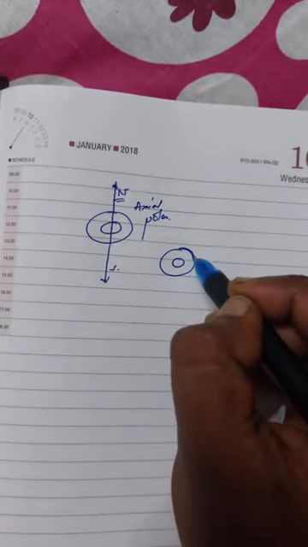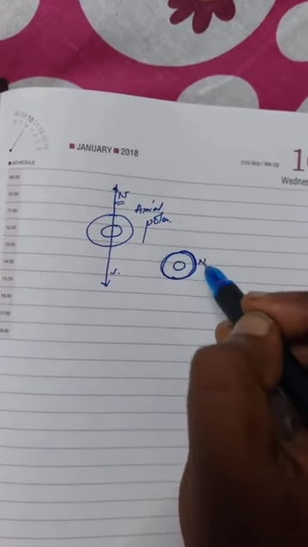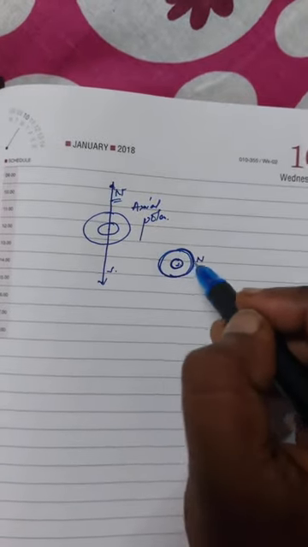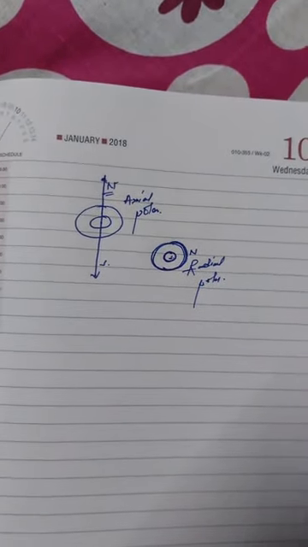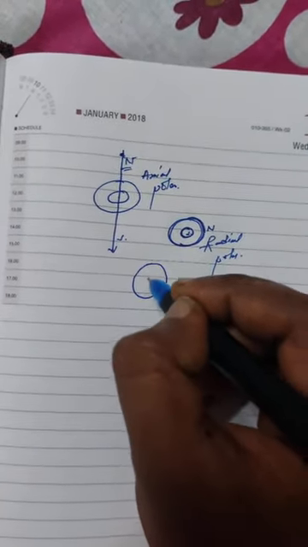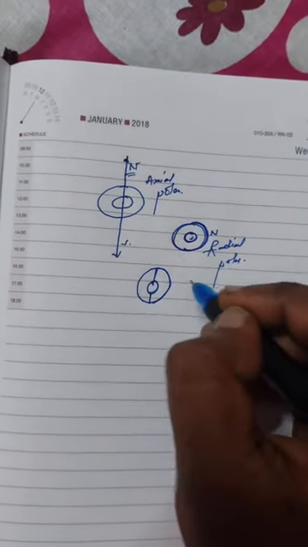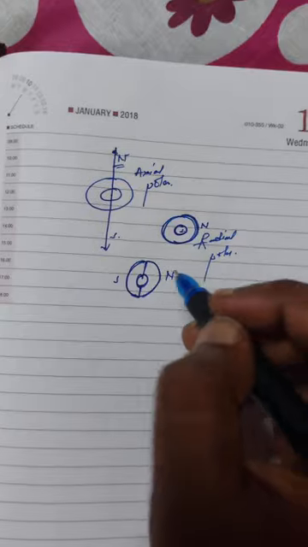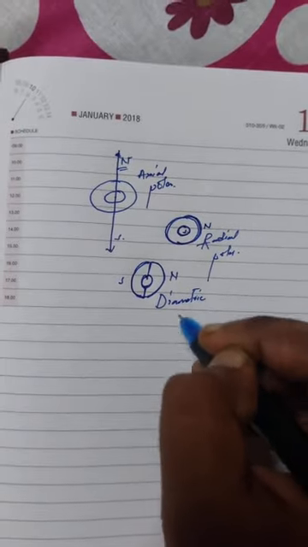When the magnetization is done in such a way that the outer circumference has North Pole and the inner circumference has South Pole, these poles are known as radial poles. When a ring magnet is made in such a way that one half behaves like a North Pole and the other half behaves like a South Pole, this kind of poles are known as diametric poles.